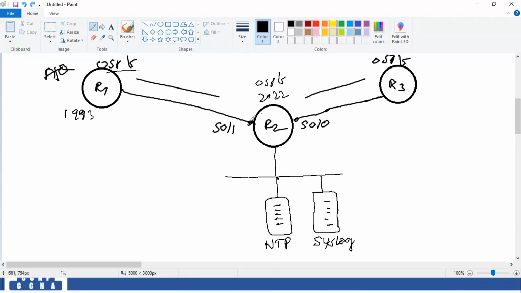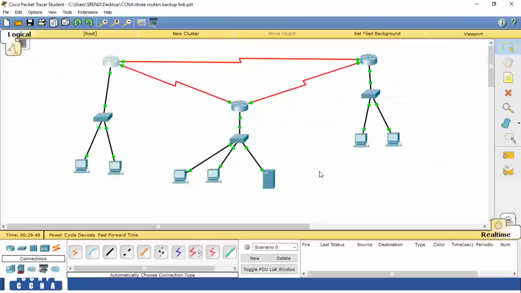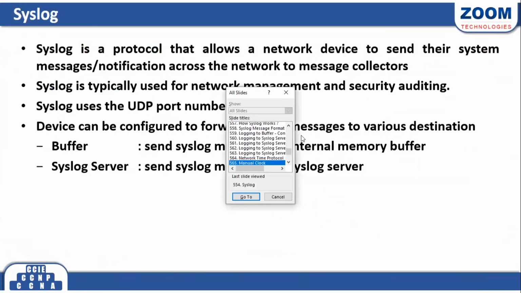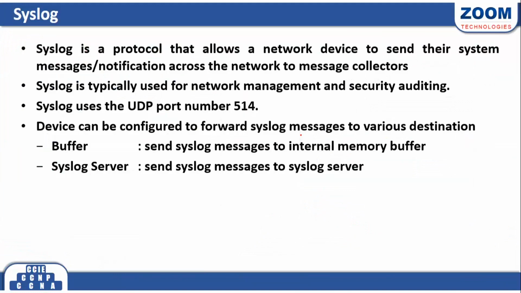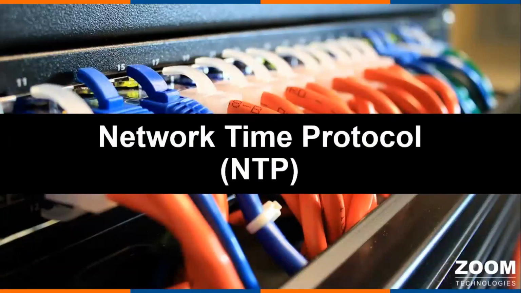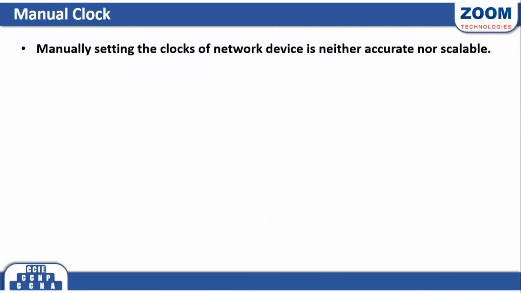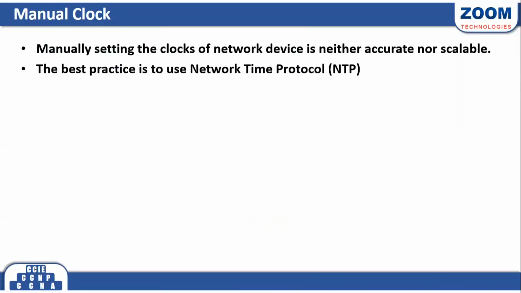If you enable NTP, it will get the time from here and automatically sync up. That is Network Time Protocol, NTP. Manually setting the clock of a networking device is not a best practice and not scalable. The best practice is an NTP server.